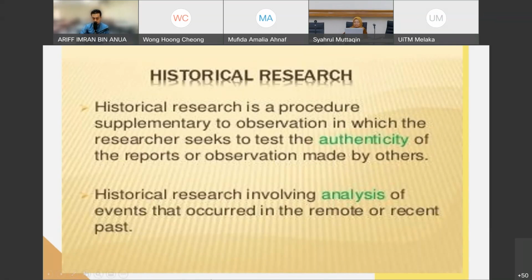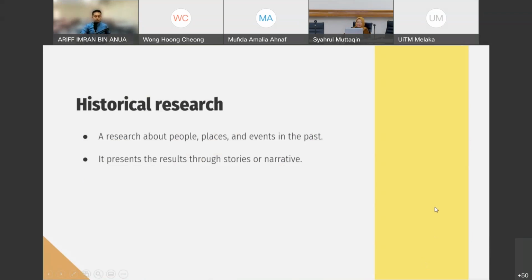Historical research involves analysis of events that occurred in the remote or recent past. Of course, it's historical since it happens in the past. It is about people, places, and events in the past. It presents the results through stories or narrative.